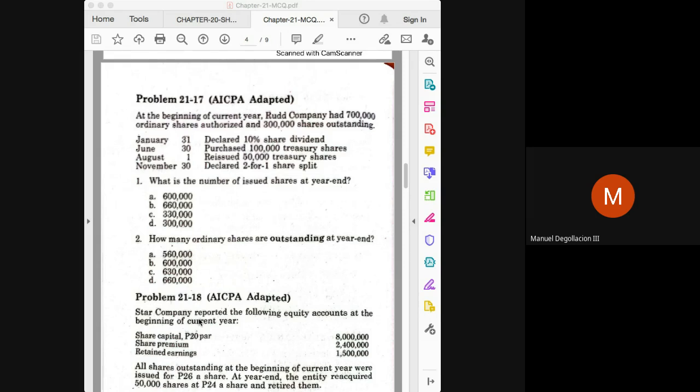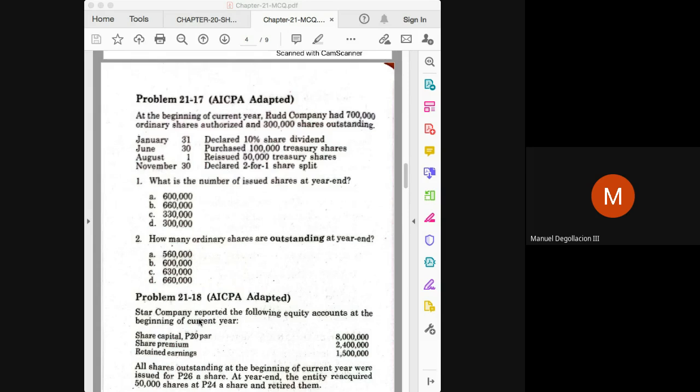Now, how many ordinary shares are outstanding at year end? Again, compute for your treasury shares and deduct it from your issued shares. That should give you your outstanding shares. We purchased 100,000 treasury shares, but we reissued 50,000.